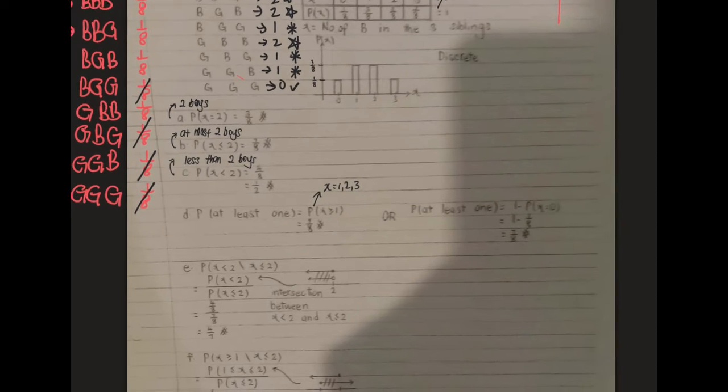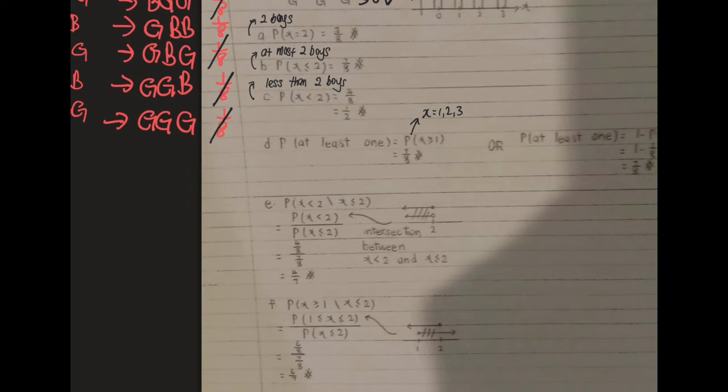Okay, now let's see. This one is called conditional probability. Let's take a quick look first. What is conditional probability? I put it at the side here.